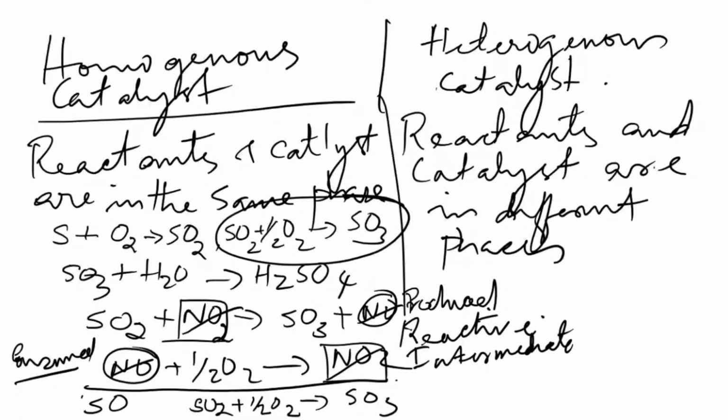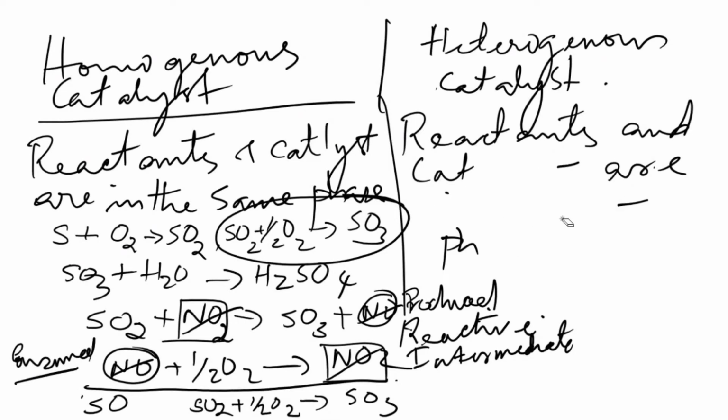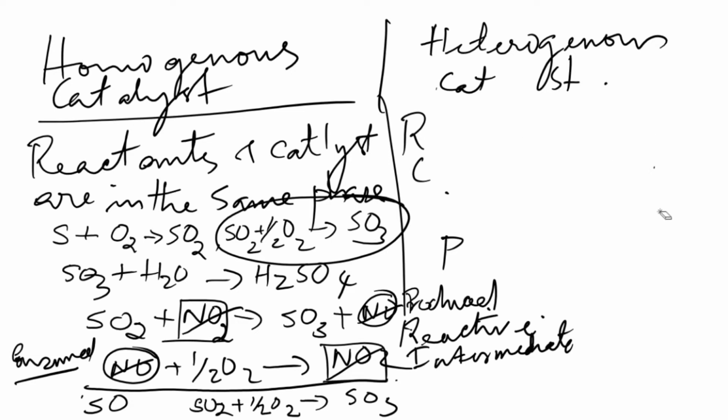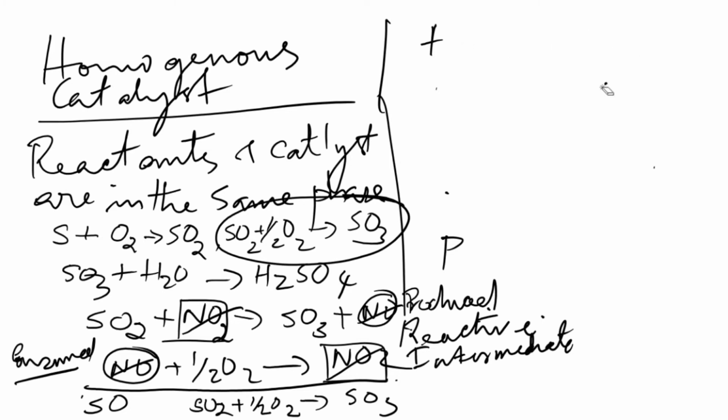So expectation is you should be able to identify a reactive intermediate. You should be able to identify a catalyst if a mechanism is provided for you. So that's one of the important things. So if you look at the different words that you have seen: homogeneous catalyst, heterogeneous catalyst, mechanism of reaction, of which here we have two elementary steps.